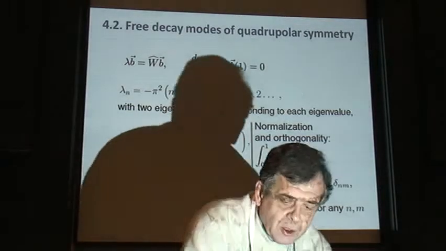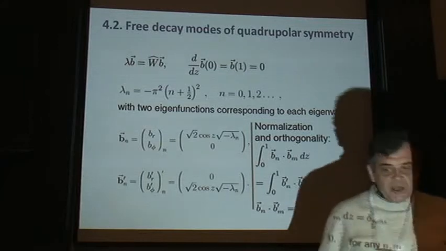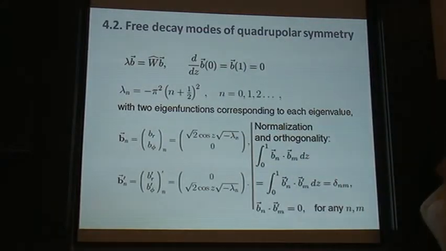I have now dB_R by dt is equal to d2 B_R by dz squared. This I immediately replace by gamma B_R. I have my boundary conditions.